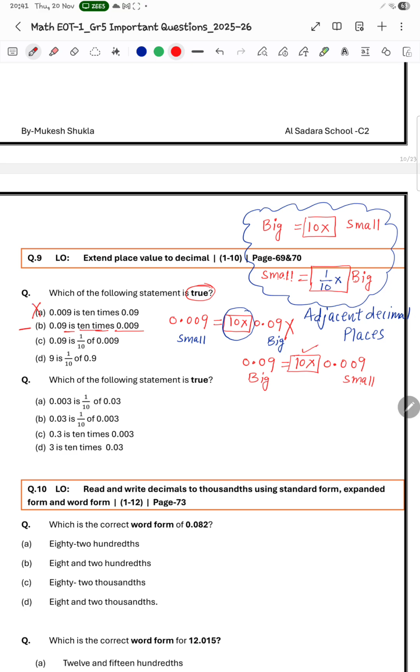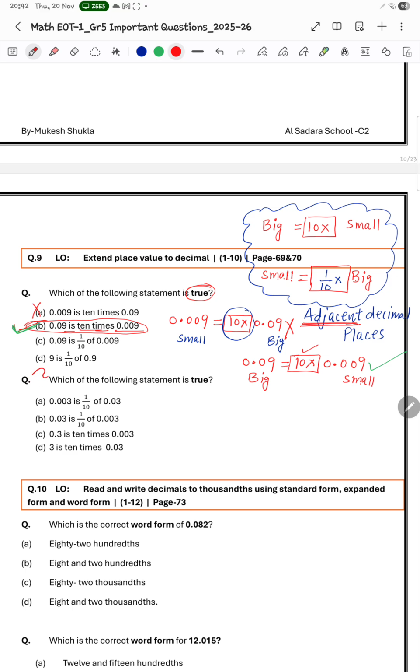It is 10 times, and these two places are adjacent places in the decimal place value chart. So since these are adjacent places and this follows my rule, therefore option B is the correct one. So option B is my right answer. Option number B is the correct one.